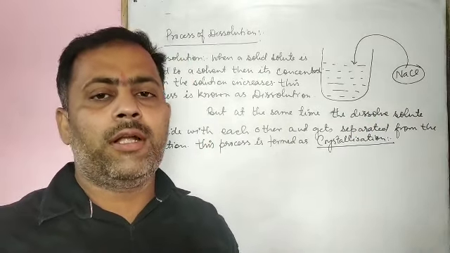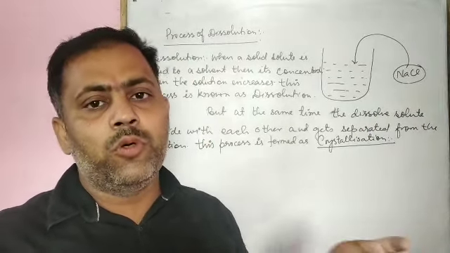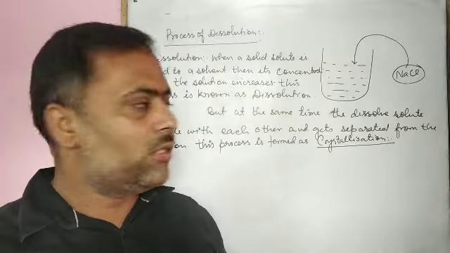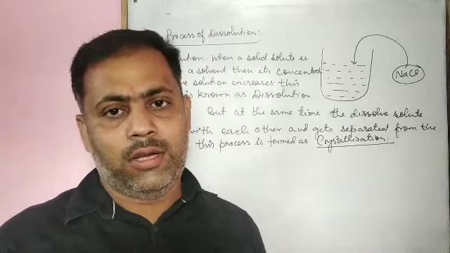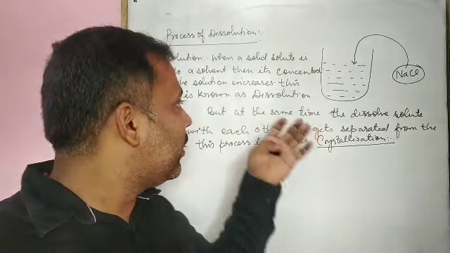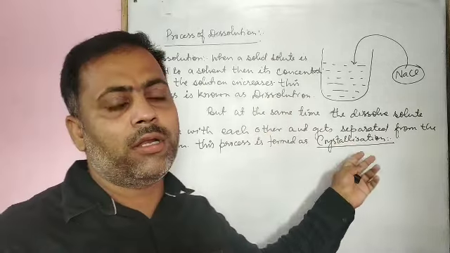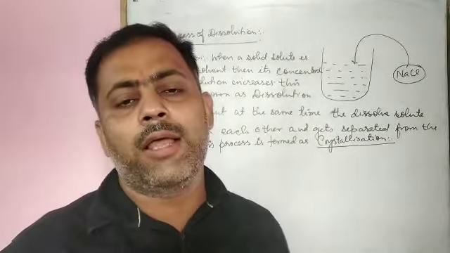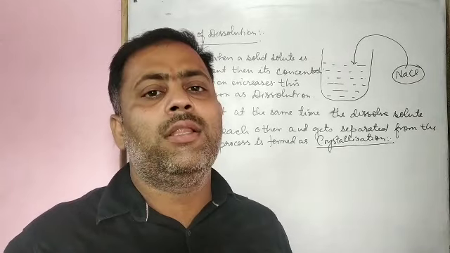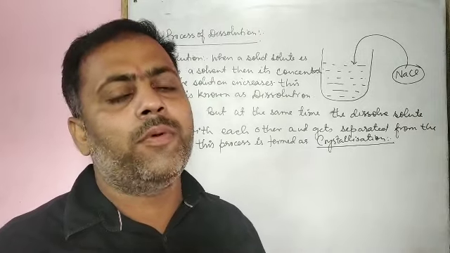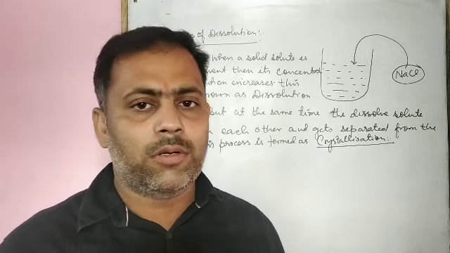But after a certain time, on addition of more and more solute in the solvent, the rate of dissolution decreases and the rate of crystallization increases. After a certain time, the rate of dissolution is equal to the rate of crystallization. Then a dynamic equilibrium is attained, and that type of solution is termed as saturated solution.